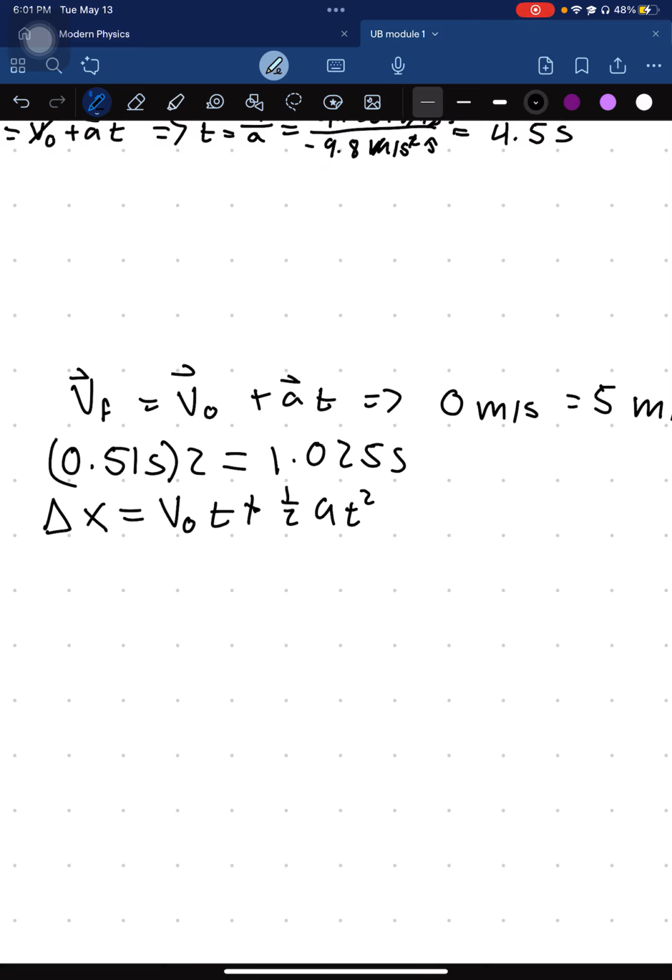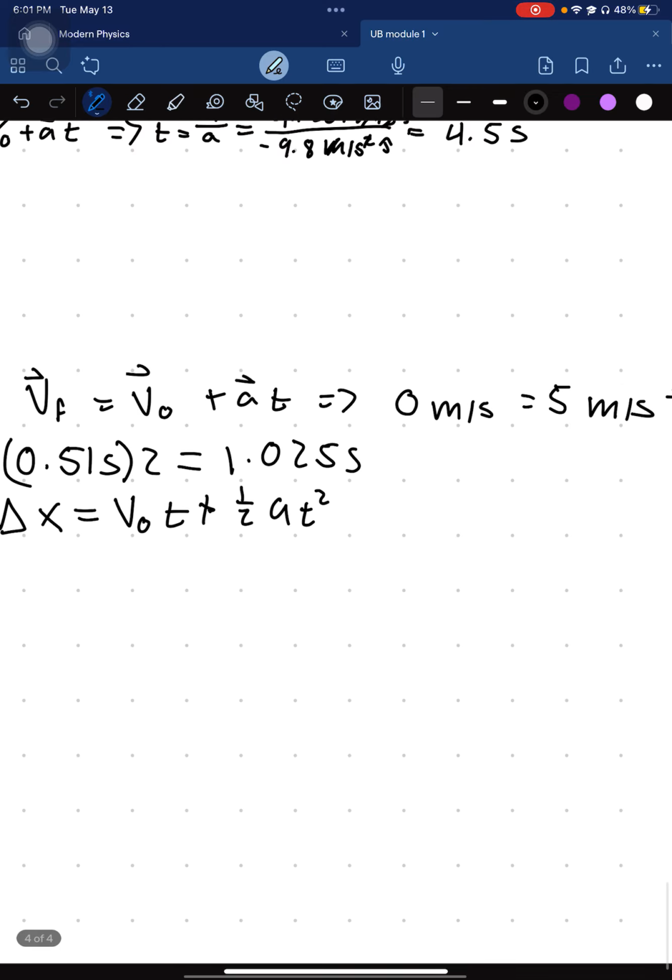So the time is how long it takes to reach its initial position, but we want to know how high it goes, not the entire distance it travels. We want the displacement.